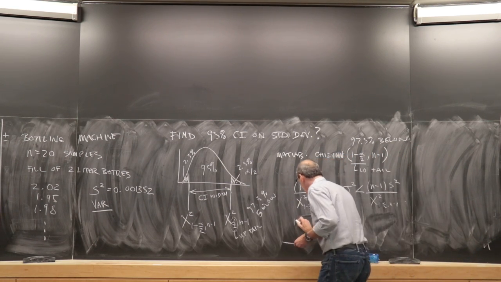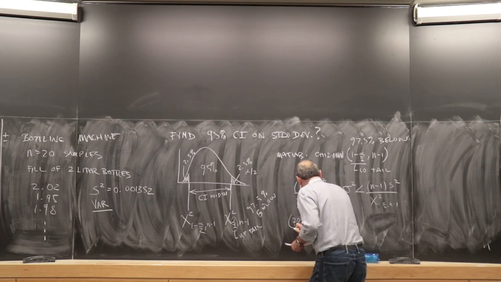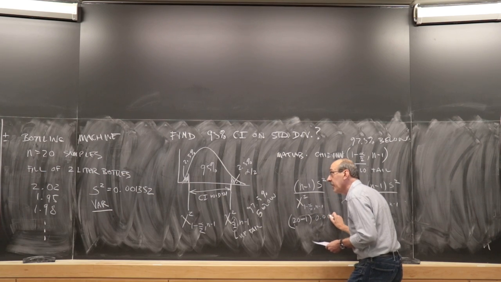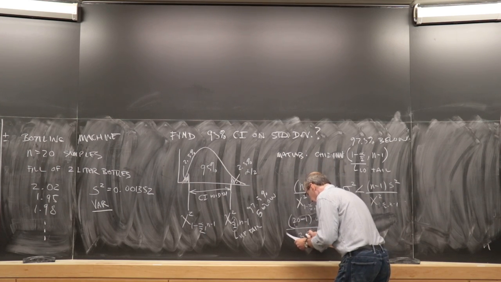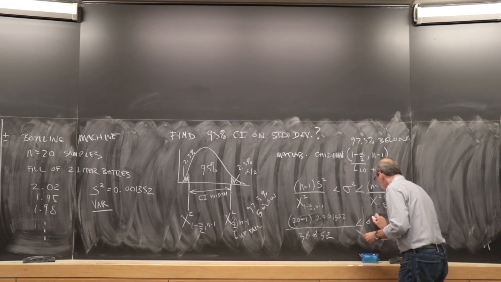So we have 20 minus 1 times 0.001352 over this value, which is 38.852. It's less than sigma squared.